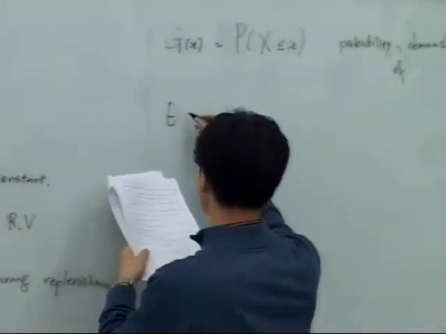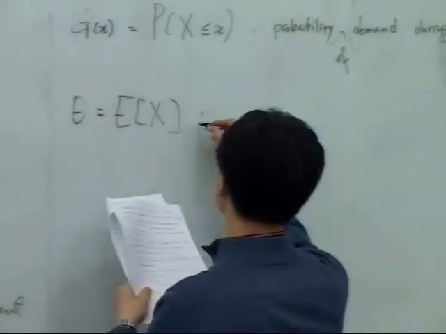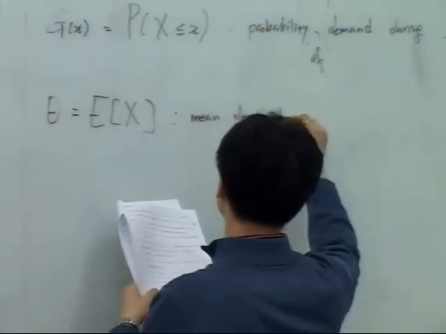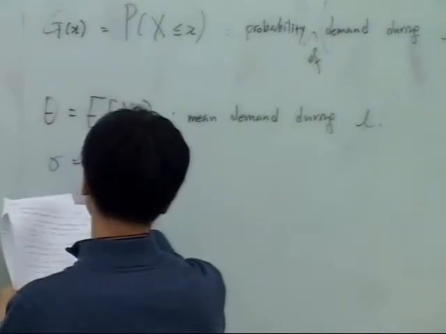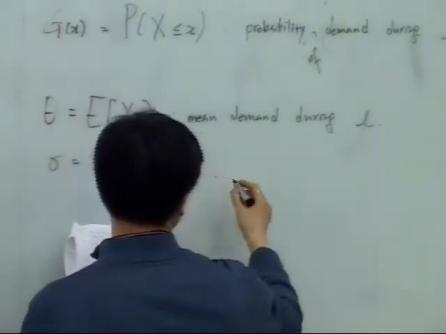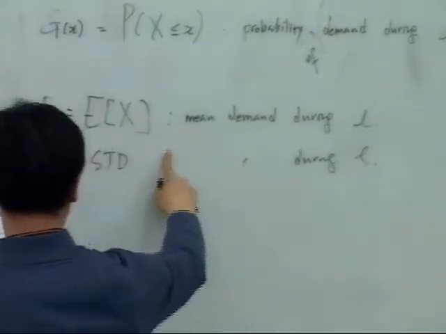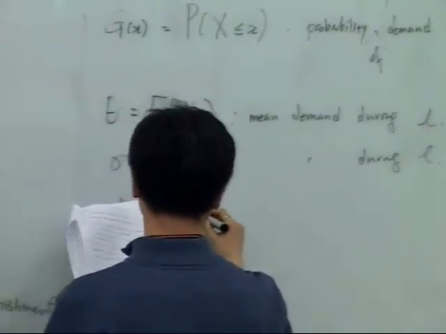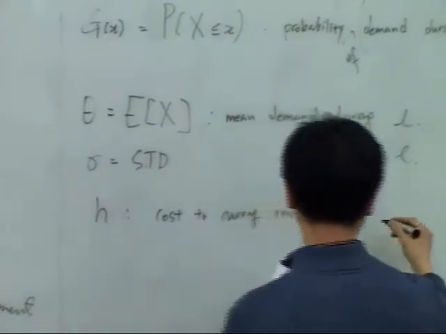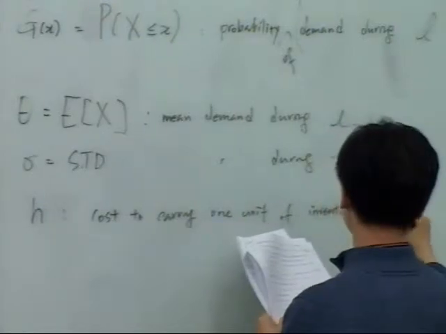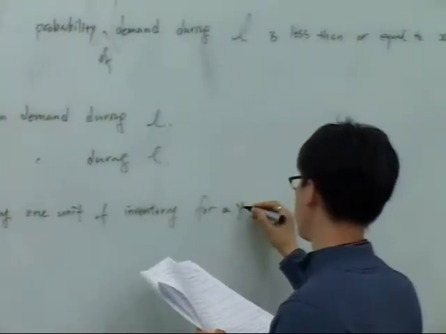And some more things. Theta is the expected value of the random variable X, the mean demand during L. Sigma is the standard deviation of demand during L. H is the cost to carry 1 unit of inventory for some time unit, for a year or something.